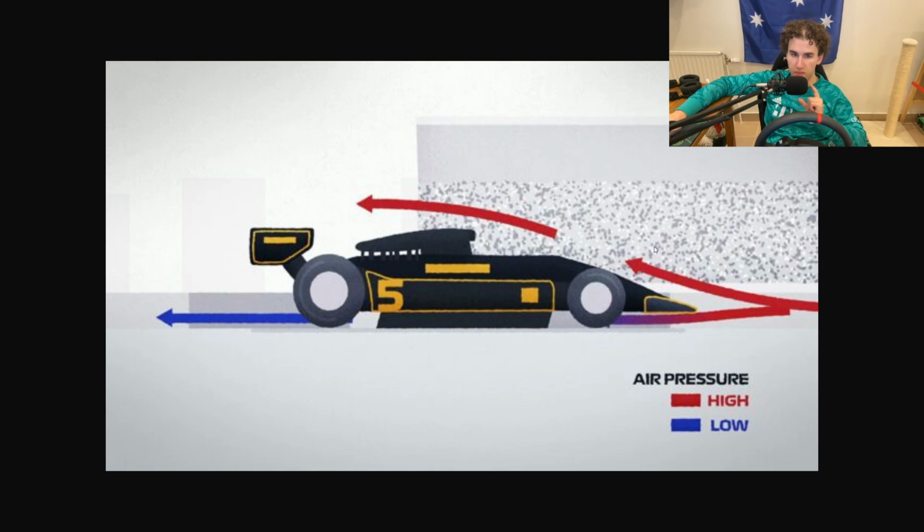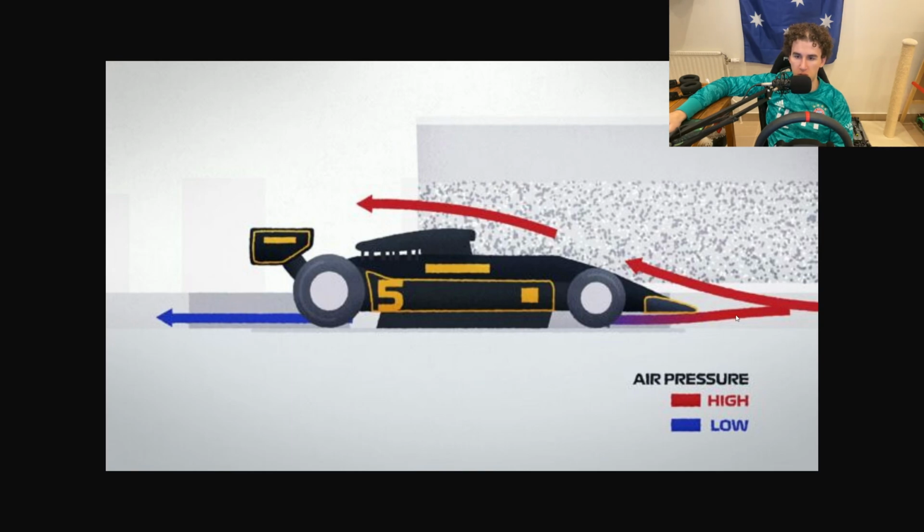But they produce quite a lot of drag, which is the force pushing you backwards, so you go slower. So what they like to do is to have the air go underneath the car, and using, I believe, the Bernoulli principle, the air which comes in is the same amount which goes out.